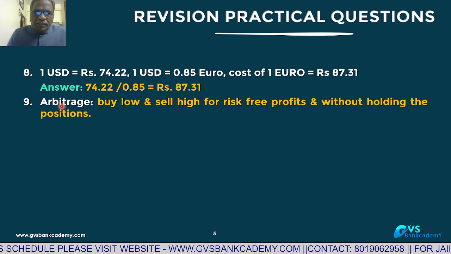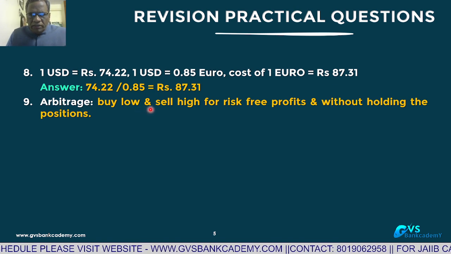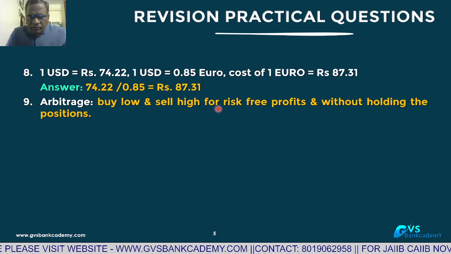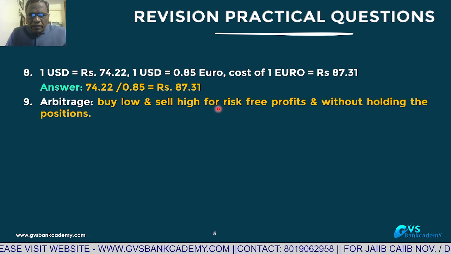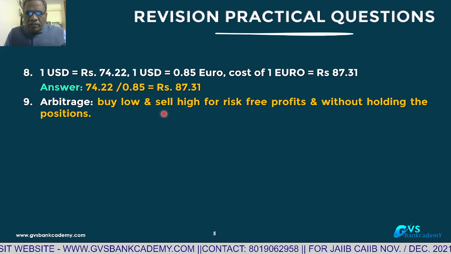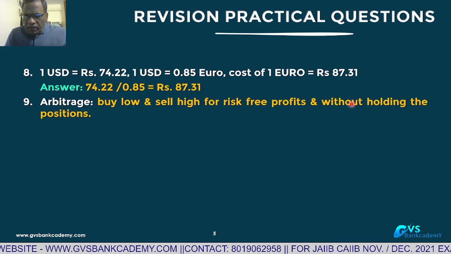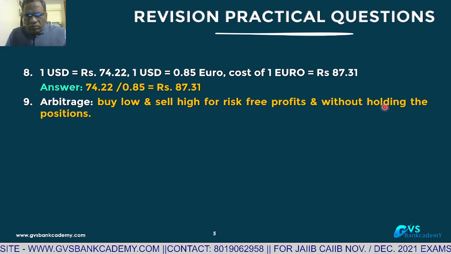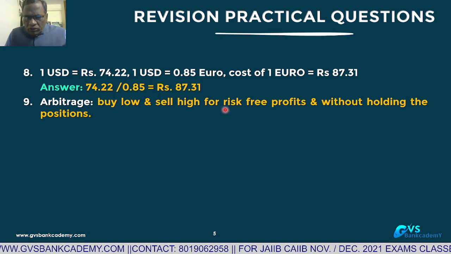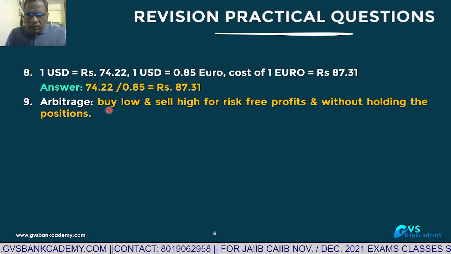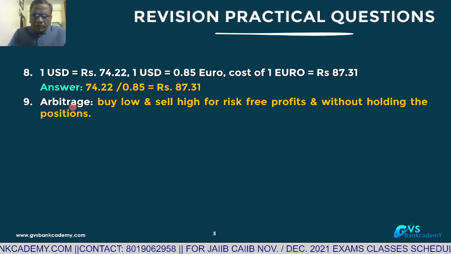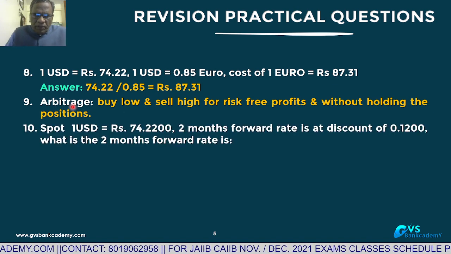Without holding the position, they sell immediately and take risk-free profits because of the price difference between two markets, and they are not holding it in their books. Only for profit motive, buying low and selling high, that is called arbitrage.